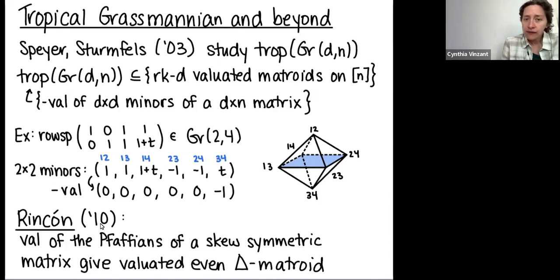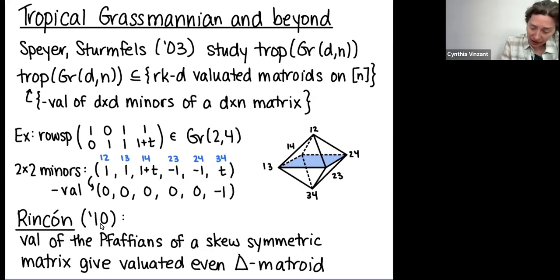And one way of understanding valuated matroids is to look at the subdivision that this induces on the matroid basis polytope. So here, all 2 by 2 minors of this matrix are non-zero.